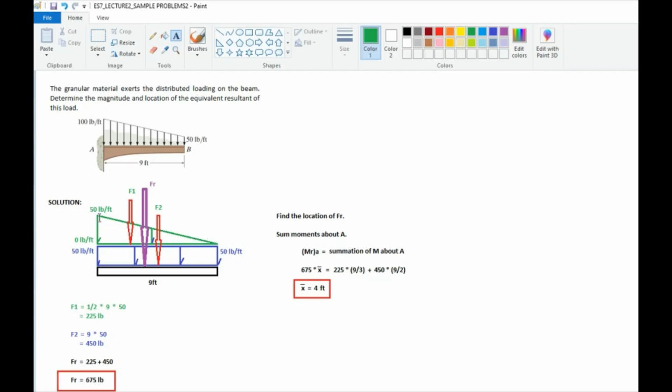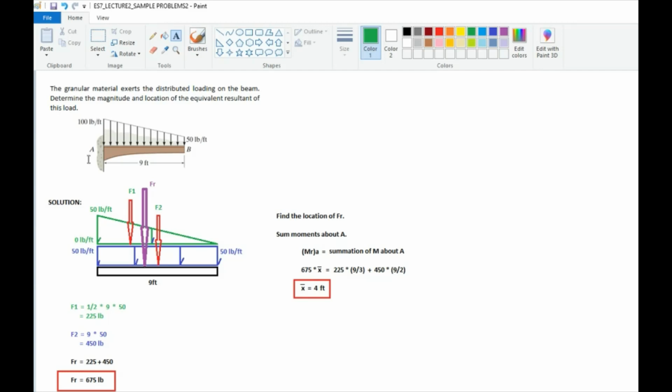Guys, ito 50 kasi kumbaga, diba, this is 100, tong point na to, and this is 50. Okay? So, dahil in-exclude na nga natin yung rectangle, we're left with 50 here. Okay? So, yung height na to ng ating triangle is 50 pounds per foot. It's not 100. Okay? Kasi 50 plus 50, that's yung 100.